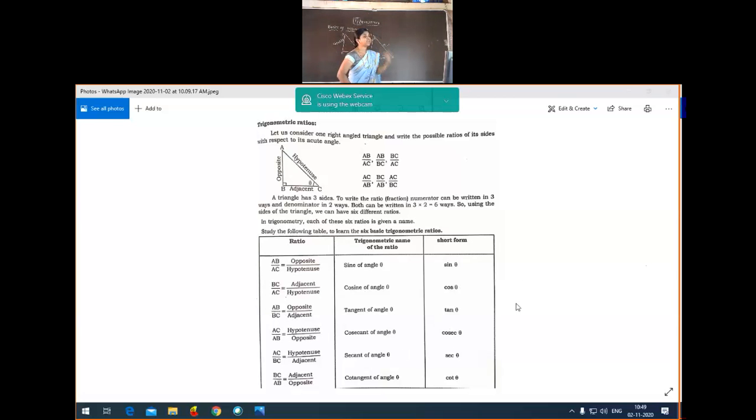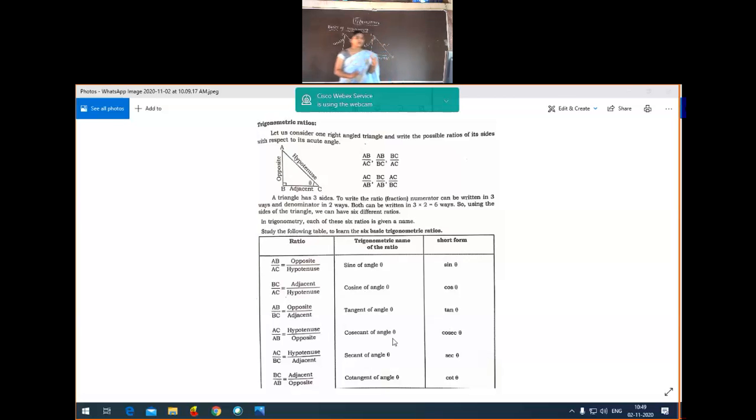We cannot take 90 degrees as the marked angle. On the basis of that marked angle, we take the opposite side and adjacent side. Here this is theta, this is the opposite side and this is the adjacent side. Up to this, is the concept clear, students?